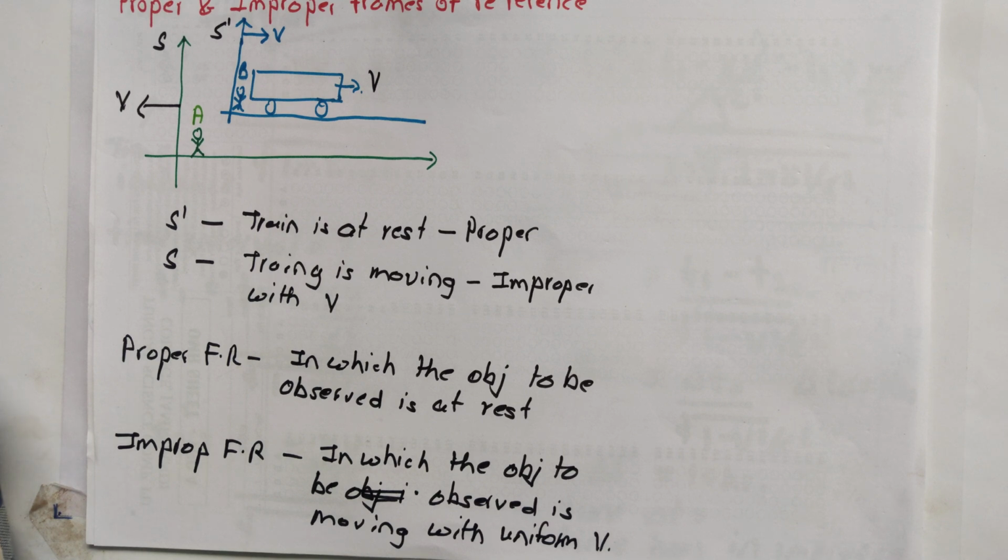According to observer A, B is moving, and according to observer B, A is moving. So that we are able to differentiate between these two frames, we have introduced this concept of proper frame and improper frame. A proper frame of reference is that frame of reference in which the object to be observed is at rest, whereas all the other frames of reference in which the object to be observed is moving are called improper frames of reference.